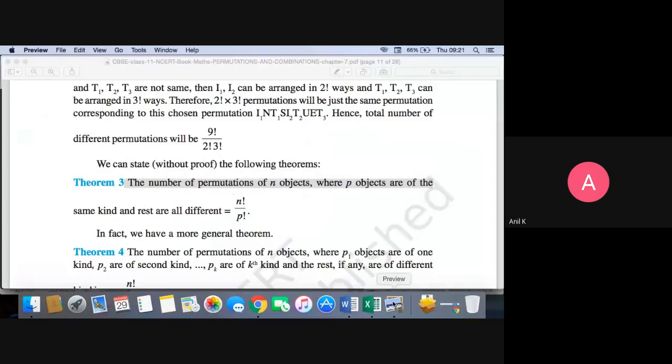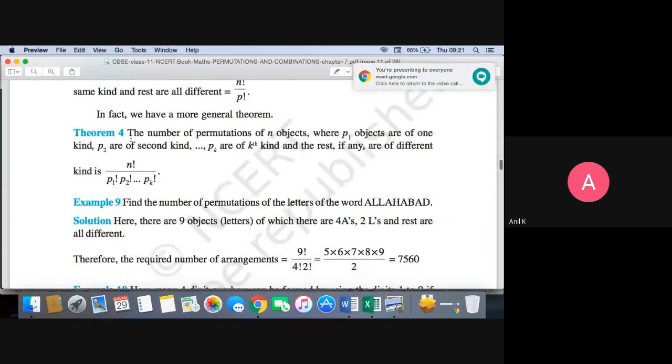Okay, maybe those who gave 10 factorial did it by adding them. So this is what the theorem says. Theorem number 4. The number of permutations of n objects where p1 objects are of one kind, like S is repeating 4 times, that is one kind, p2 are of the second kind, for example I is repeating 4 times, and like this till pk terms are repeating, k can be 1, 2, 3, 4, 5, 6.